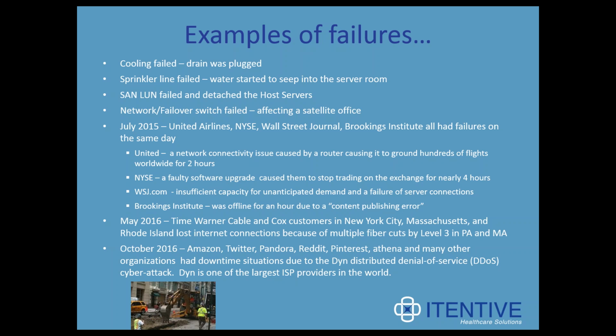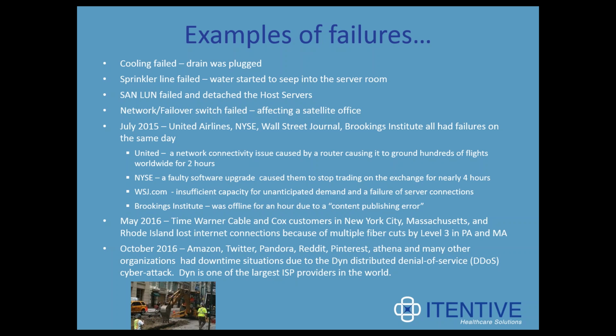In the middle of the screen, in July of 2015, so 18 months ago or so, you may remember this, United Airlines, the New York Stock Exchange, the Wall Street Journal, and the Brookings Institute all had failures on the same day. United lost network connectivity caused by a router, and because of that, they had to ground hundreds of flights across the world for a couple hours.